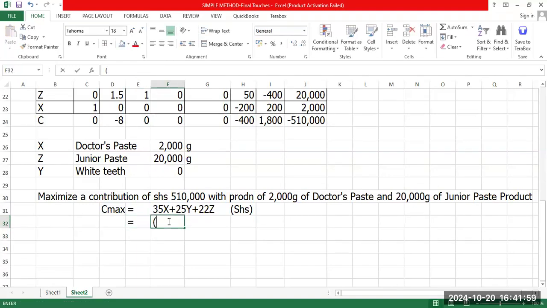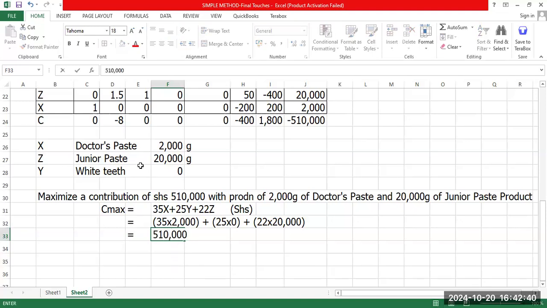Let's see. 35 times 2,000 plus 25 times 0 plus 22 times 20,000. What do you get? 510,000.